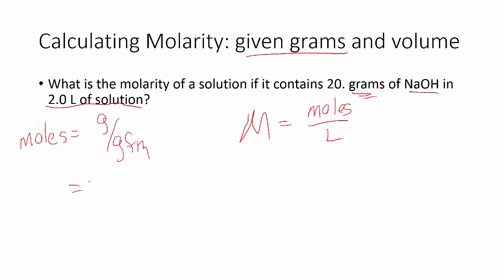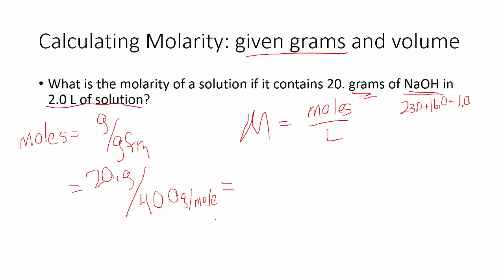So we've got 20 grams over, and we've got to look up what the GFM of NaOH is. Na is 23.0, oxygen is 16.0, and hydrogen is 1.0. So we add them all up and we get 40.0 grams per mole. That is the GFM. So now we've got the moles. We get 20 divided by 40, and we get 0.50 moles.